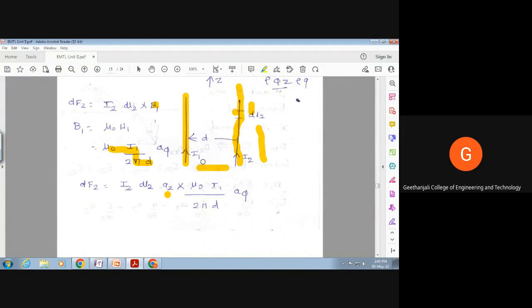So there will be an attractive force, which is equal to mu naught into I1 I2 dl2 by 2 pi d. So the differential force per unit length dF2 by dl2 is equal to mu naught I1 I2 divided by 2 pi d. It is an attractive force.